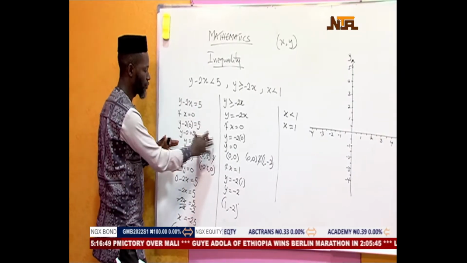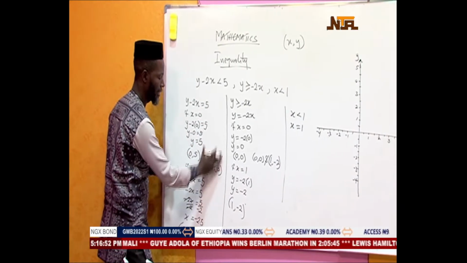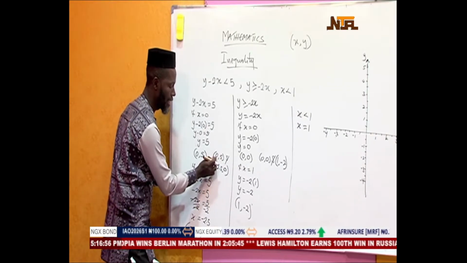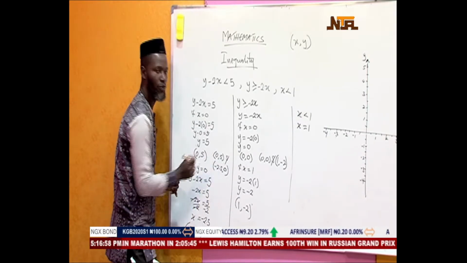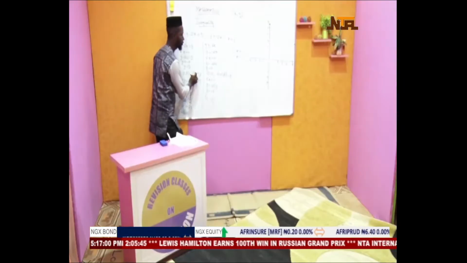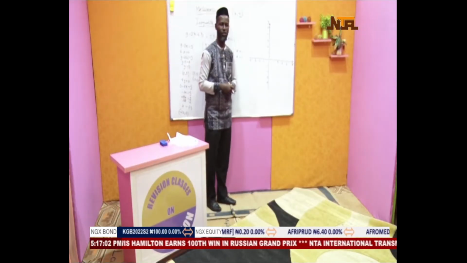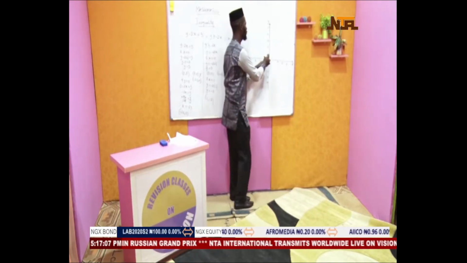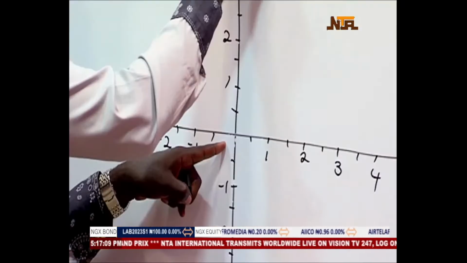Now, what concerns us here is our coordinates. We have coordinates when our x is equal to 0, y is equal to 5. When our x is equal to 0, we go to where x is equal to 0, which is the origin, then y is equal to 5. We move to where y is equal to 5. This is where y is equal to 5.